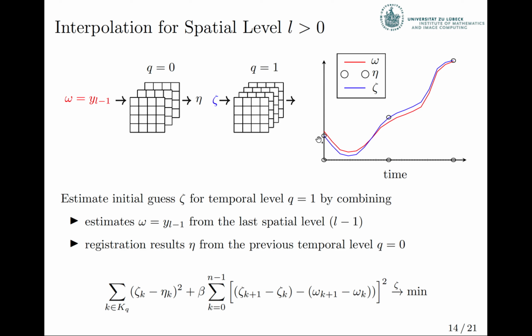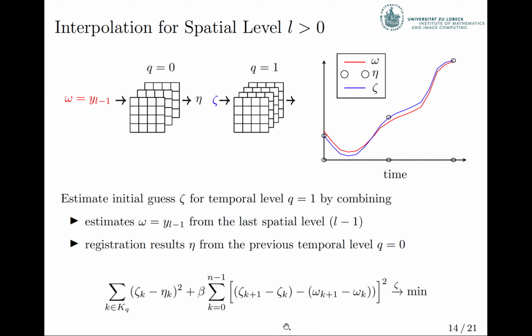As we did earlier, one can probably interpolate again to get an estimate of zeta. But if I do the simple interpolation, then I'm not using the deformation field for the fourth image, which we have calculated at the coarse resolution. So in order to use that information, we solve a linear least square problem. The first part simply says that the estimate zeta which we want to calculate is close to the black dots here. K_Q is the image set which we use; in our case we have 3 images which we used for the last temporal level.